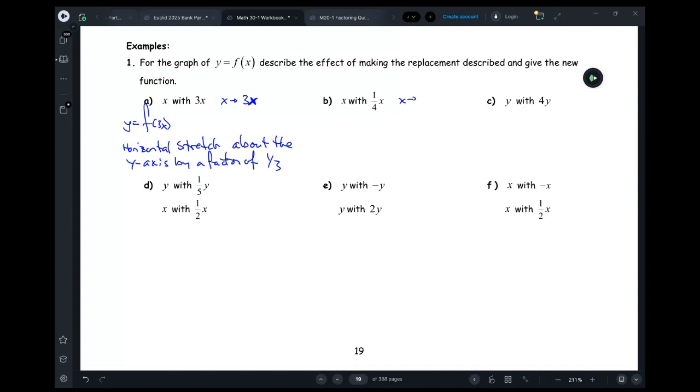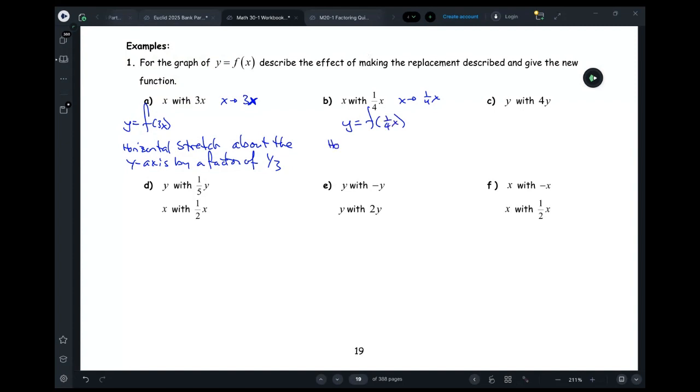That becomes that translation here. Here I'm replacing x with 1/4 x, which means that in our function, y equals f of x, again, I'm going to take out that x, and in its place, I'm going to put the 1/4 x.